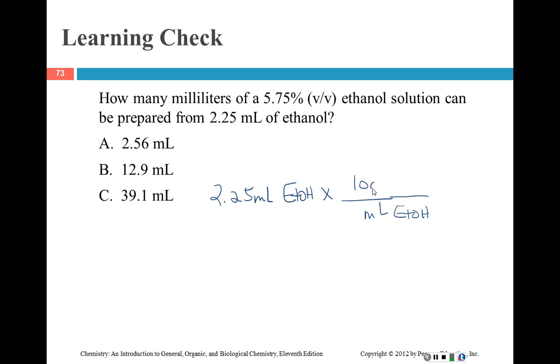So this is per 100 milliliters, right? And so you want a 5.75%, so it's 5.75 milliliters per 100 milliliters. And so 2.25 times 100, then divided by 5.75. That should be about 39.1 milliliters of solution.